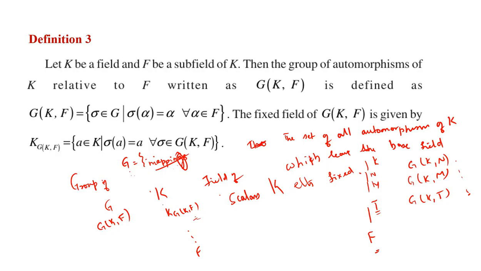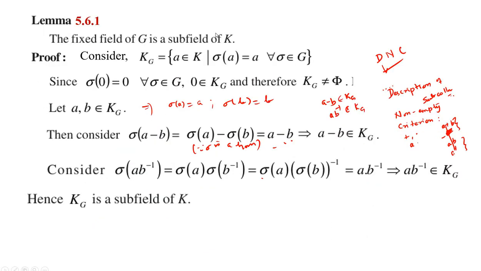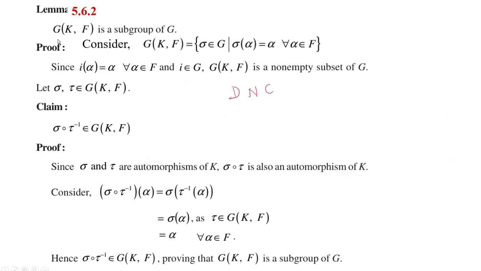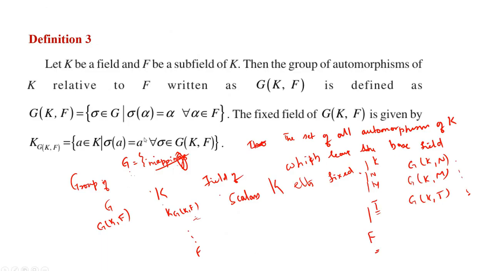So mappings and scalars will dominate the entire section. Now we are going to have the next lemma, that this fixed field is a subfield. This can be a section A, 2 marks question, and that G(K/F) is a subgroup can also be asked in section A for 2 marks, and even the definition of G(K/F) or the fixed field of G, all that can be asked in section A.